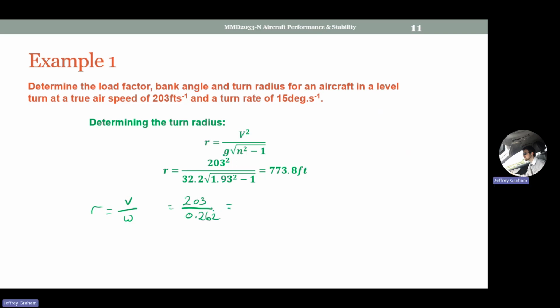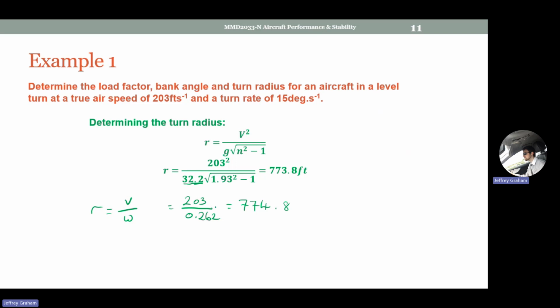You stick that in the calculator, you should get roughly the same answer. It's all about rounding, obviously, and the slight inaccuracy of 32.2. If you go 203 divided by 0.262, 774.8. As I say, that slight difference, very close, but a slight difference.